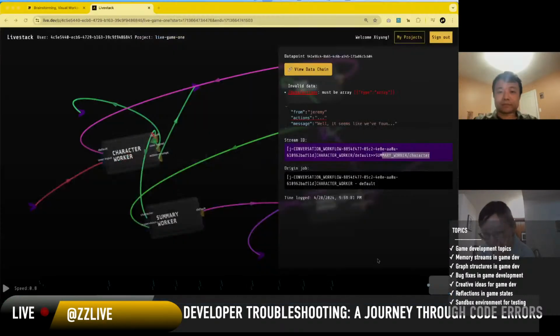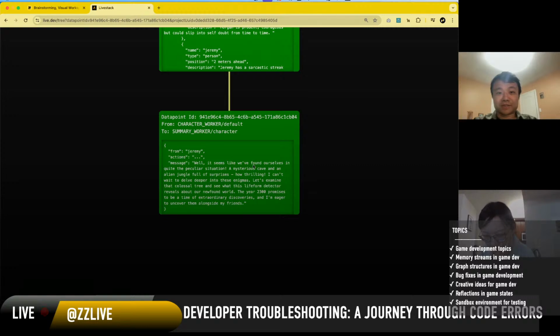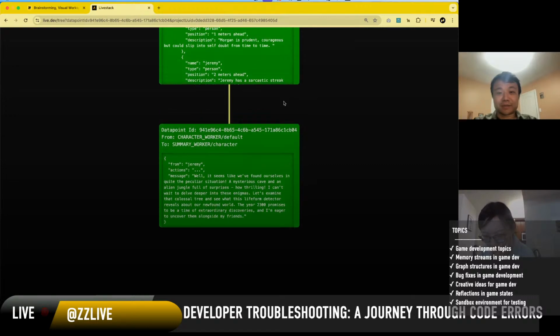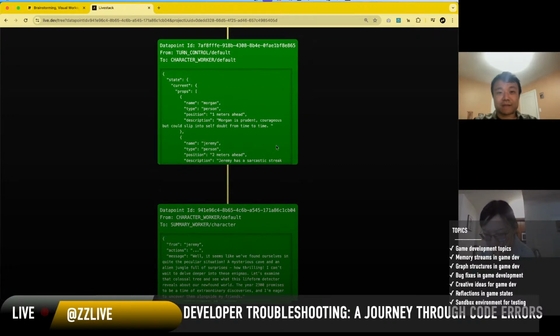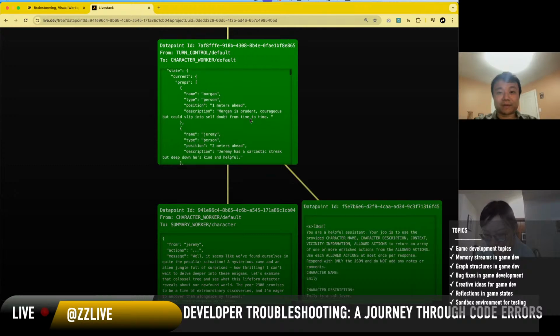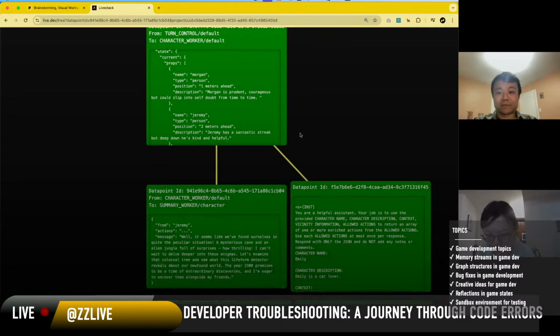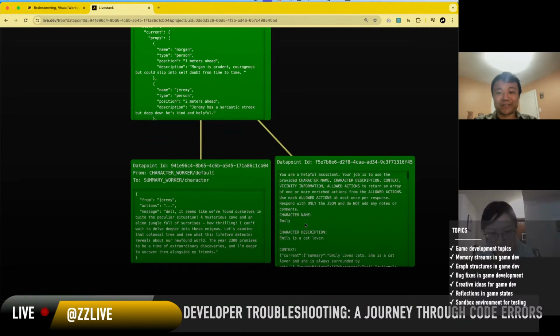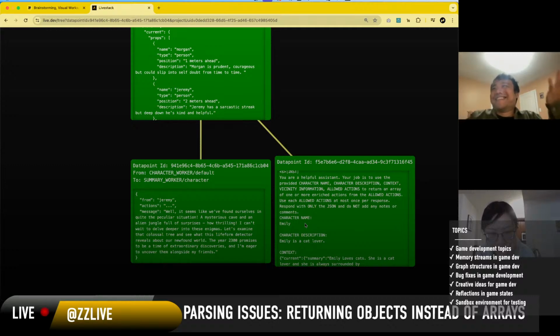That's the problem. But then it should have been caught by the previous step. Okay, let's see the tree of this. This is so nice. This comes from here. Oh, thank you. We have the prompt here too. This is quite nice.